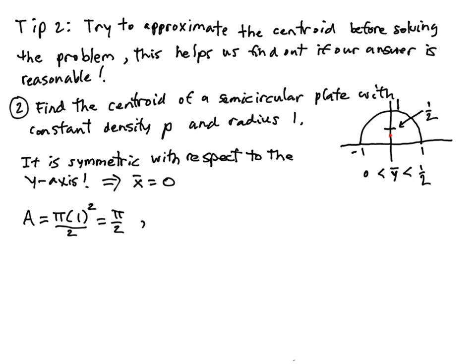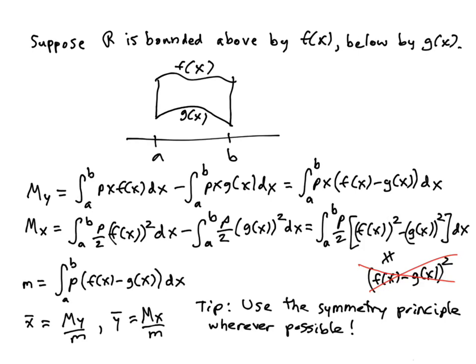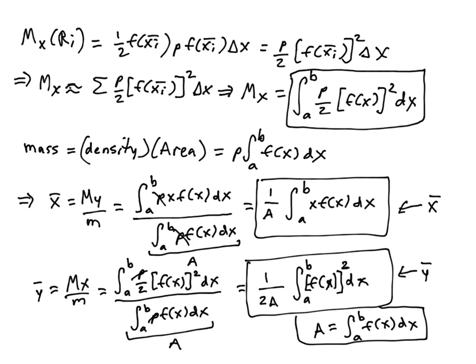Now let's go with y bar. If we look at our formulas on the previous page, if I scroll back here, one more here, it's 1 over 2a times y bar, the integral from a to b of the function squared dx.